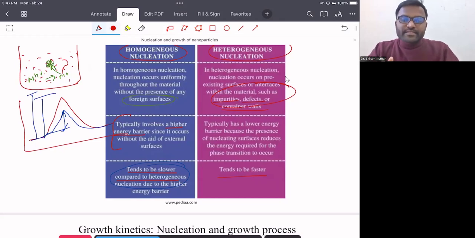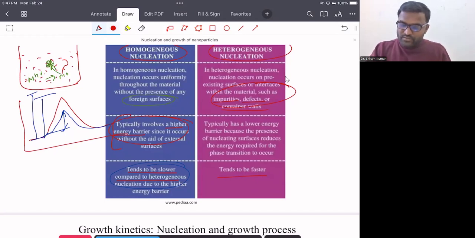So we understand that when the nucleation process starts, kinetics and thermodynamics play an important role. First important thing is that for the homogeneous nucleation there is a higher energy barrier, and because of that you get a slower process.